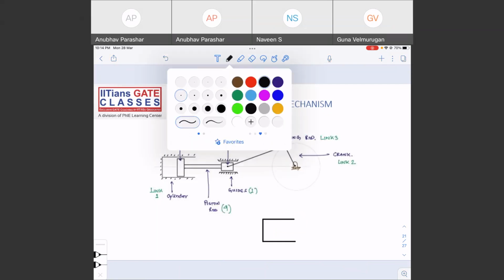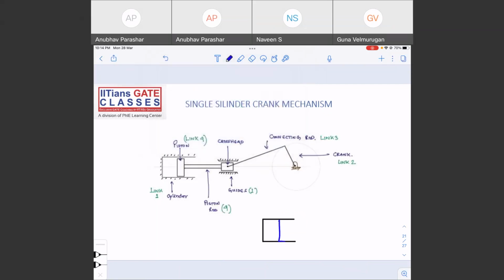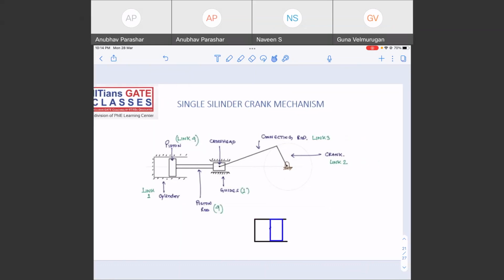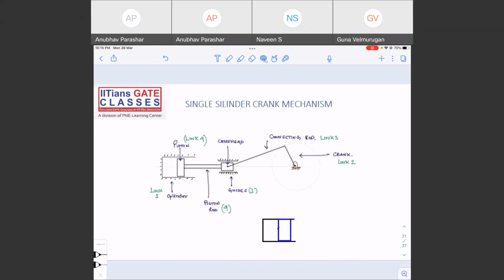Okay, so there will be one piston inside the cylinder.